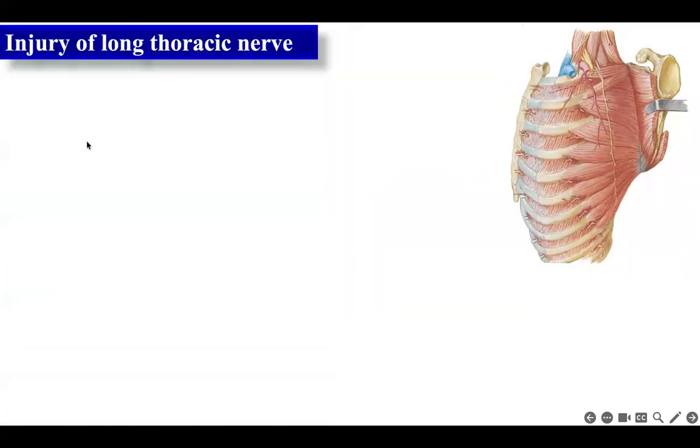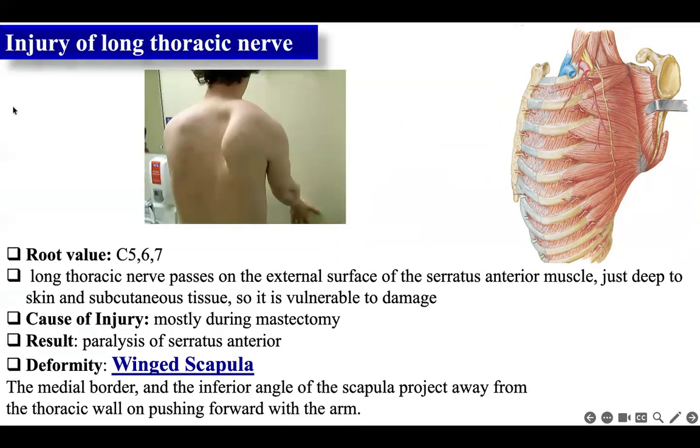So this nerve is the long thoracic nerve. It is most commonly injured during fighting, by a knife on the side wall of the chest, or during removal of the breast in mastectomy, where accidental injury of the nerve leads to paralysis of serratus anterior. So what happens during paralysis of serratus anterior?